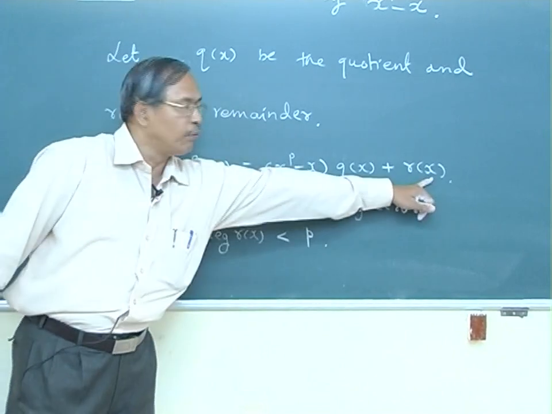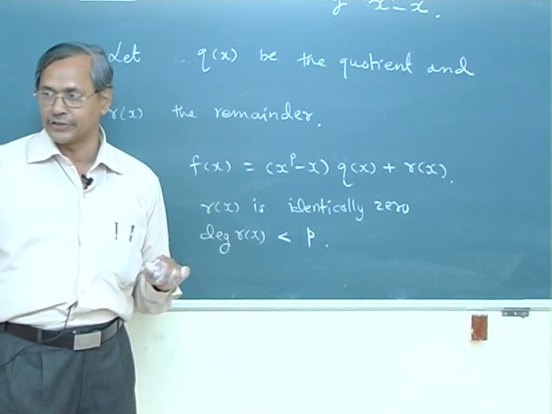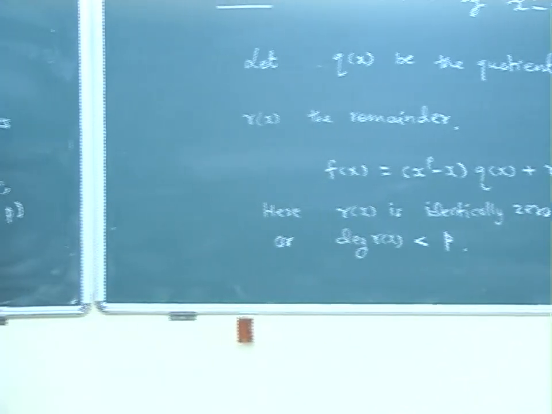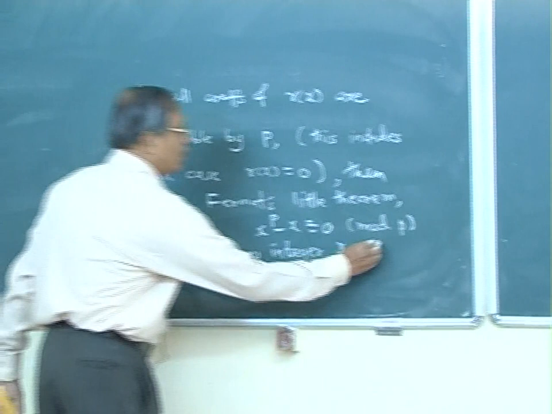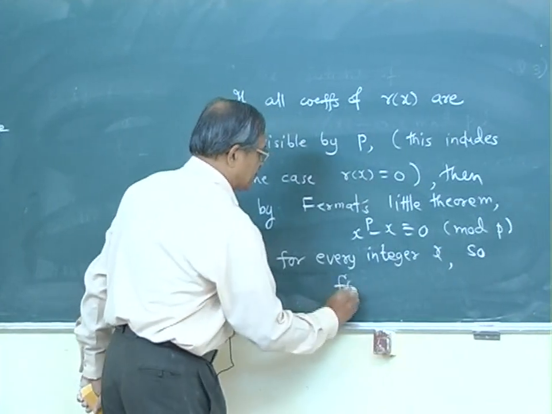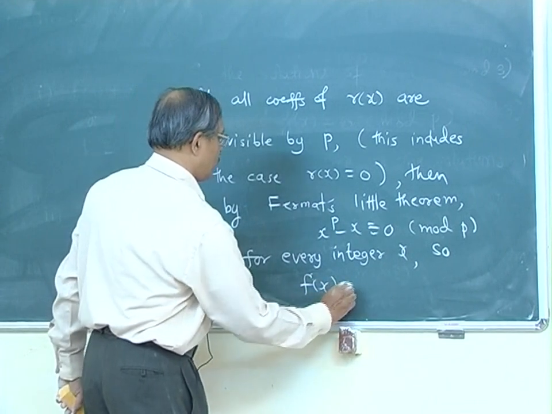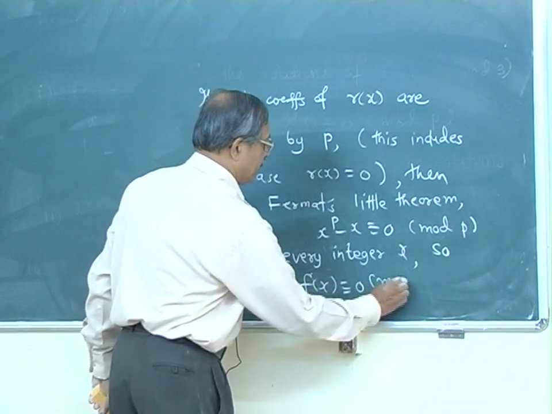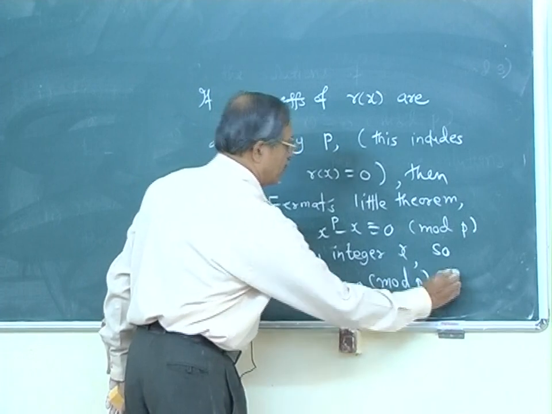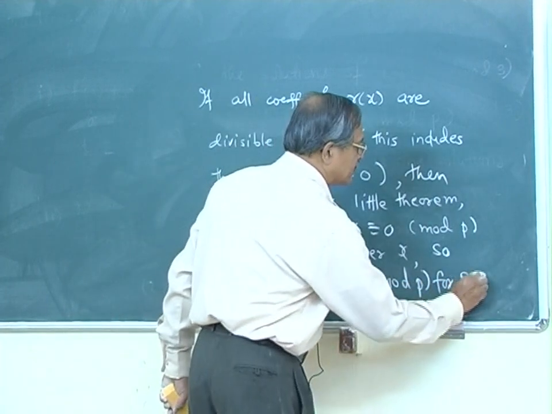So this whole thing will be 0 mod p for any integer x. So f(x) is congruent to 0 mod p for every integer x.